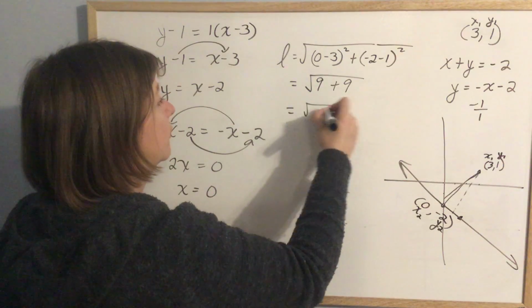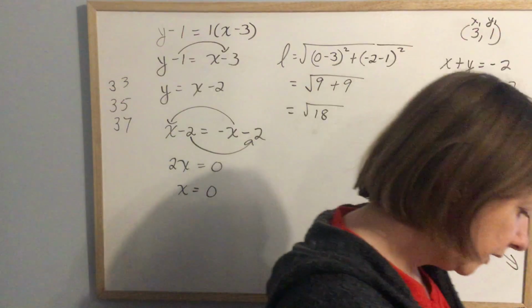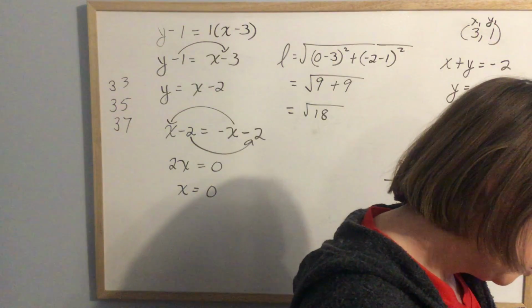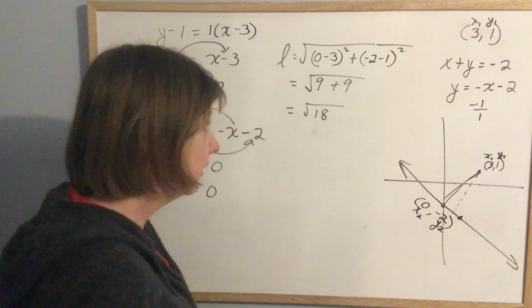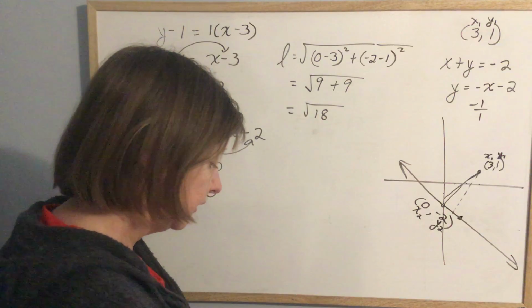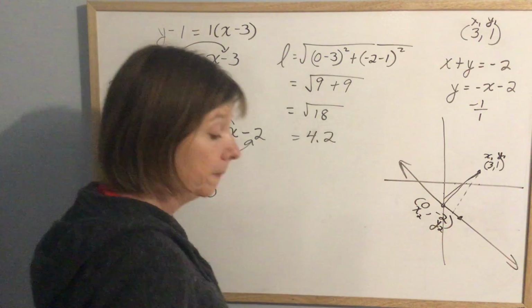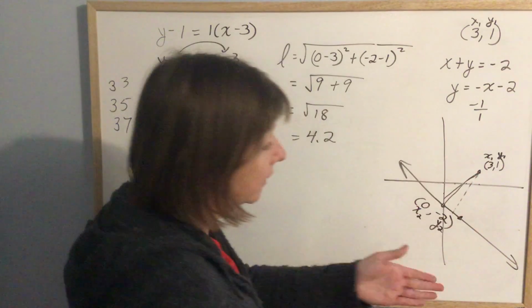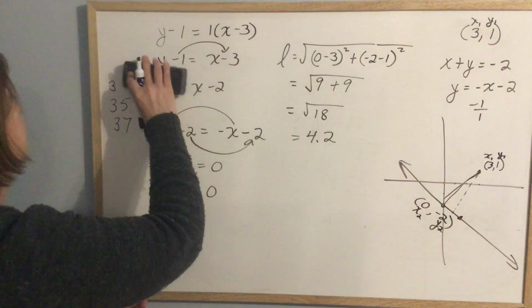So I have the square root of 18. How did they want this answer? They said round it to the nearest tenth. So I don't have to simplify this, I just have to put it in my calculator. Square root of 18 is 4.2. And again, that looks like a reasonable answer based on my picture.